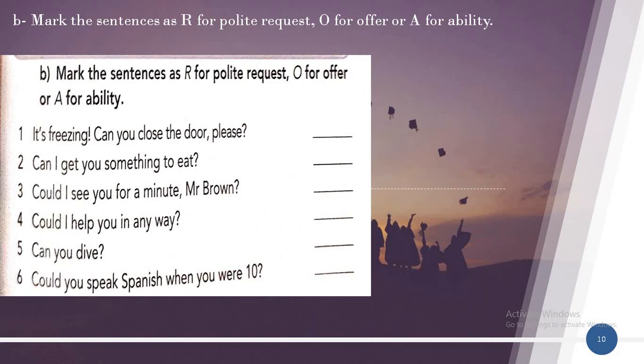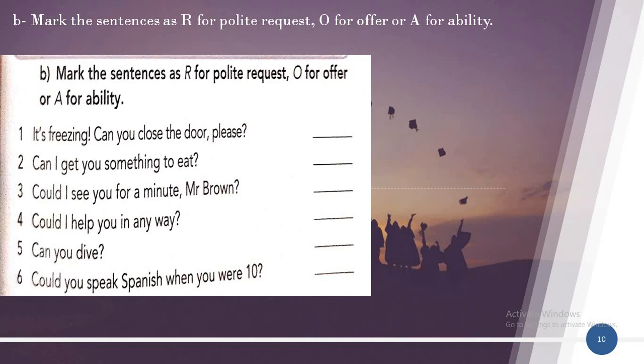One, it's freezing. Can you close the door, please? Think about it. Two, can I get you something to eat? Three, could I see you for a minute, Mr. Brown? Four, could I help you in any way?